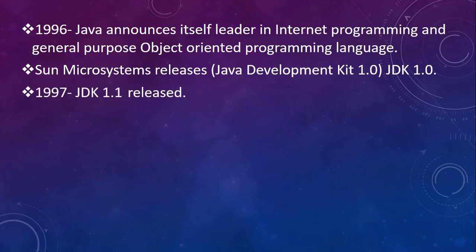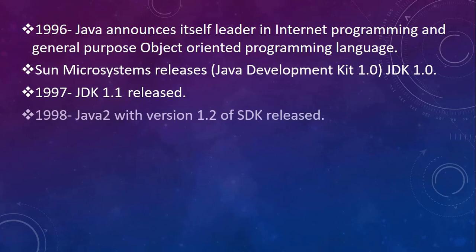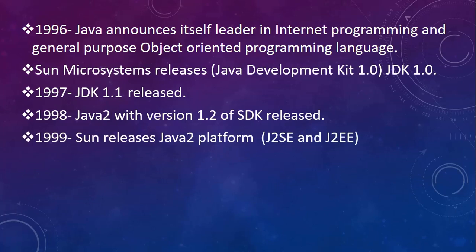Next year, the next version, Java Development Kit 1.1, was released. In 98, Java 2 with version 1.2 of the SDK was released. Please note that from version 1.2 onwards, Java was called Java 2, meaning Java version 1.2. In 99, Sun released the Java 2 platforms.